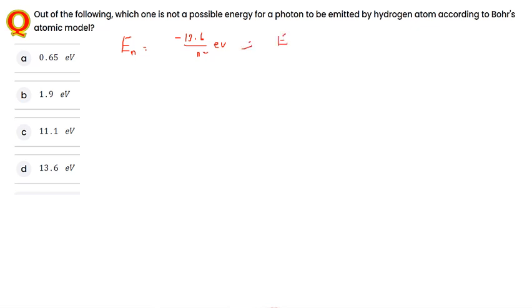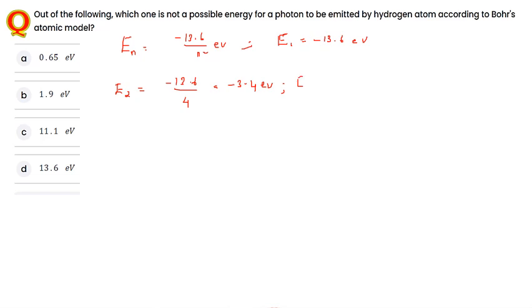For the first state, E1 with n equal to 1 is minus 13.6 electron volt. Similarly, E2 is minus 13.6 divided by 2 square, which is 4. So minus 13.6 divided by 4 is minus 3.4 electron volt.